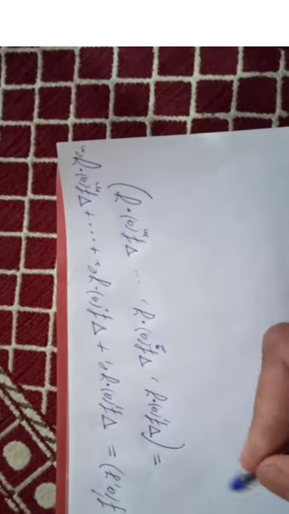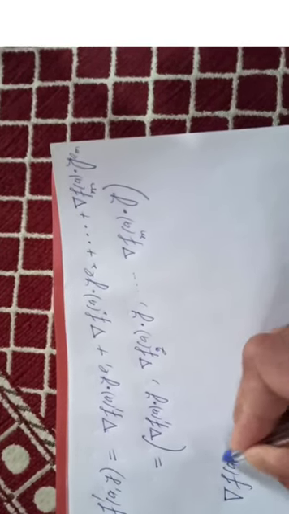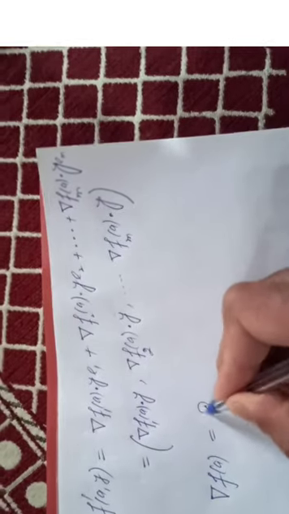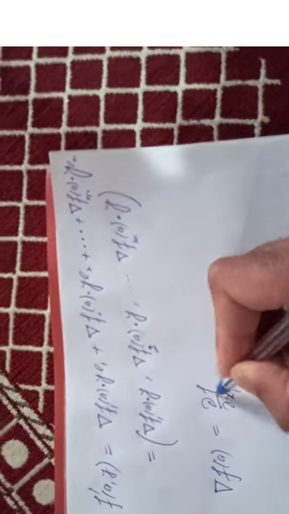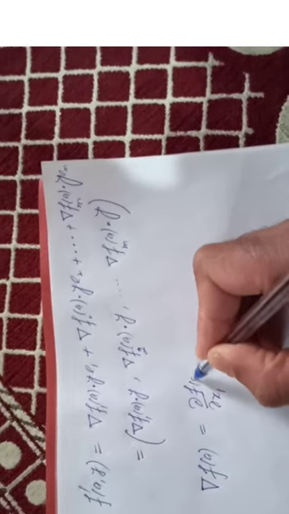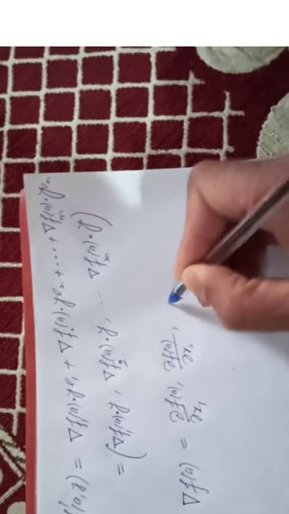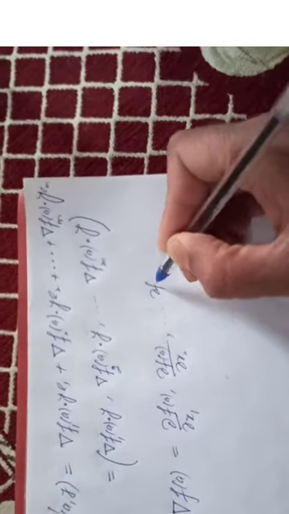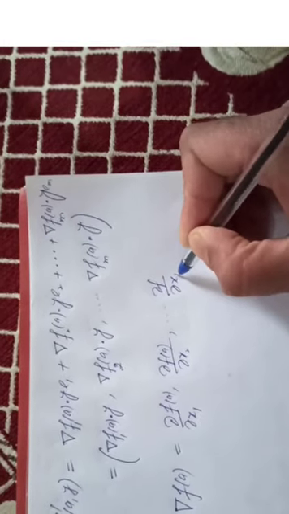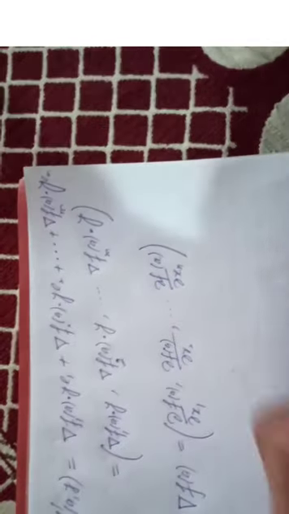You know what the gradient of f is, or generally I will write gradient of f at a. This is actually del f by del x1 at a, del f by del x2 at a, and so on, del f by del xn at a. This is actually the meaning of this gradient.